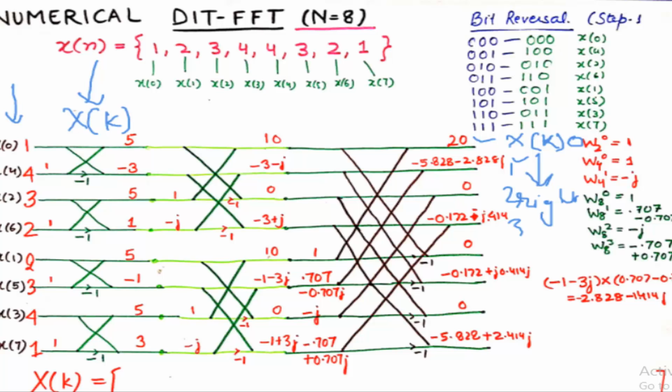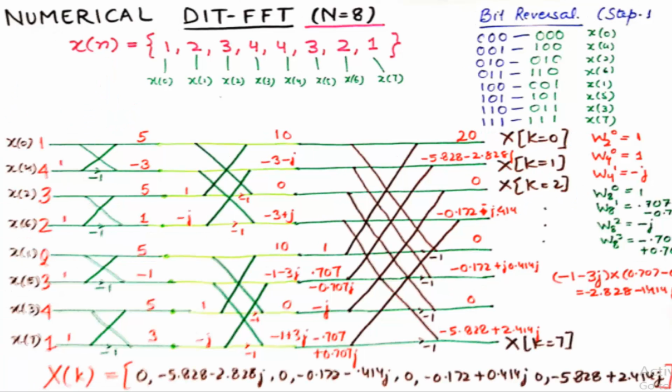And you could be asked to tell the value of 5th sample or 3rd sample or whatever. So this is sample number 0, 1, 2, 3, 4, 5, 6, and 7. And this is 8 samples in all. So that is how you can quickly solve a DIT FFT numerical.